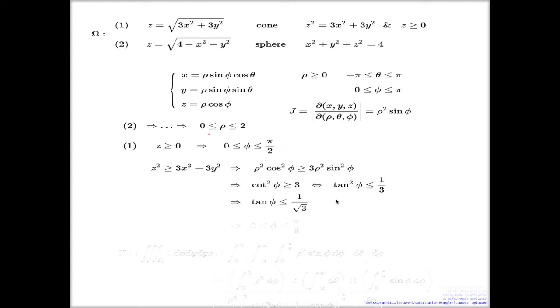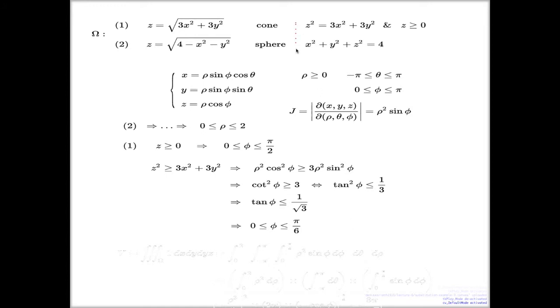That's why we can be sure that the tangent is positive. That's why only this piece of the inequality matters. And this inequality narrows down this area even smaller, because tangent within this interval between 0 and pi on 2 doesn't exceed 1 on root 3 here. And that's the finish of the reinterpretation.